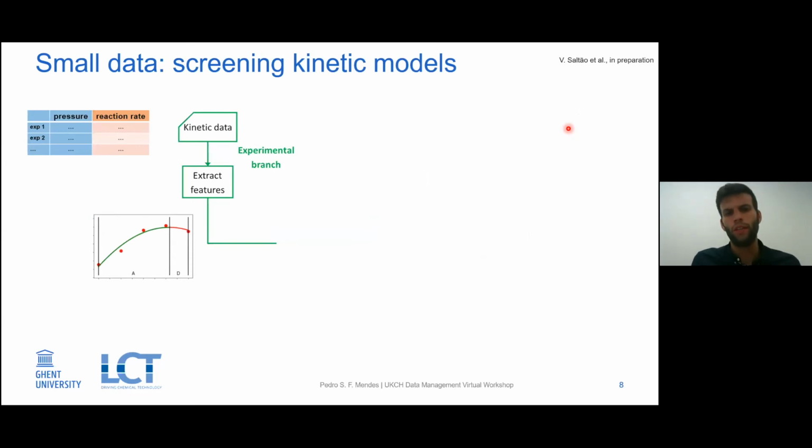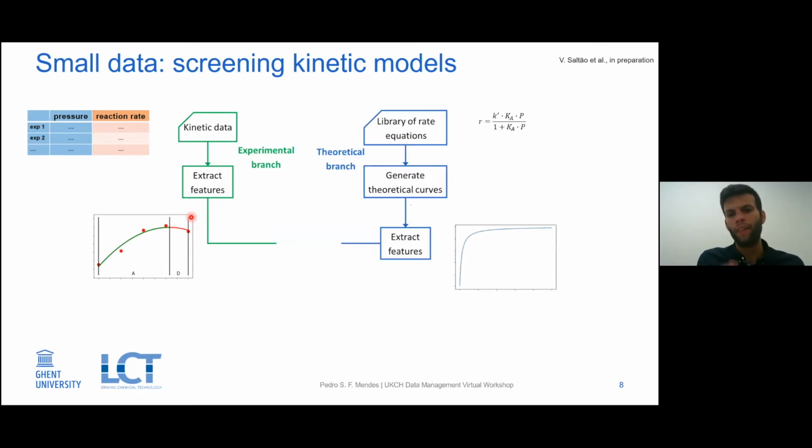One of those uses is then going to knowledge, as I was describing some minutes ago, and there, knowledge being a kinetic model. So for that, we do start with the data and recognize the main features in that data, as I just described.